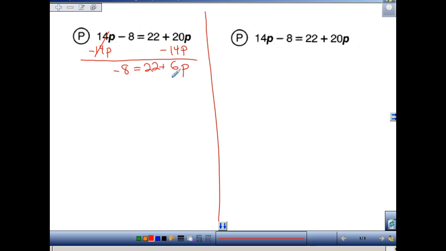Okay. Then we want to get the numbers to the other side, so let's subtract 22 on both sides. Okay. Notice how I'm going to drop the 6p straight down, keeping things organized. So all the way down right here, I can see all the variables. Very easy to follow. Even if there's a space right here, keep equal signs lined up. It's okay if there's a space here where it's canceled out.